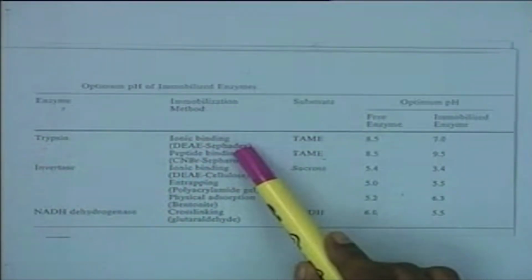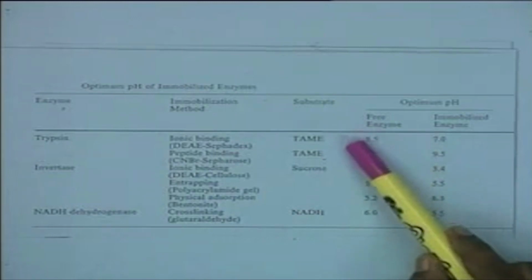Now if you look at trypsin, by binding onto DEAE-Sephadex, the free enzyme pH optimum of 8.5 was reduced to 7.0.